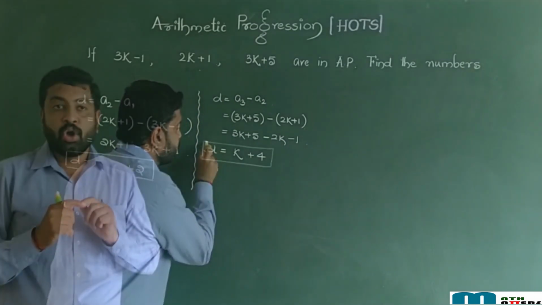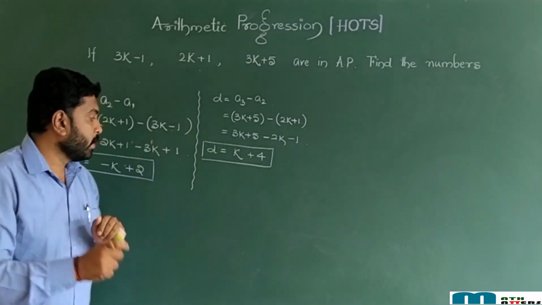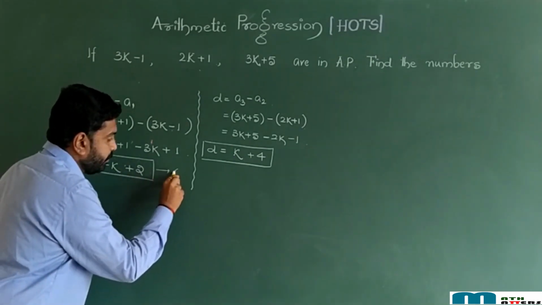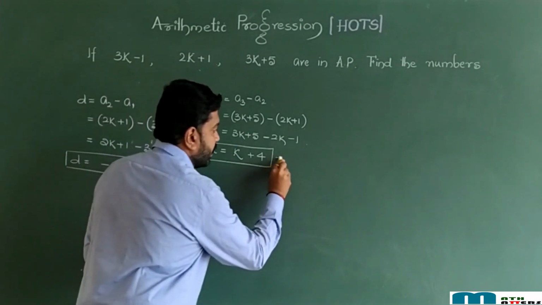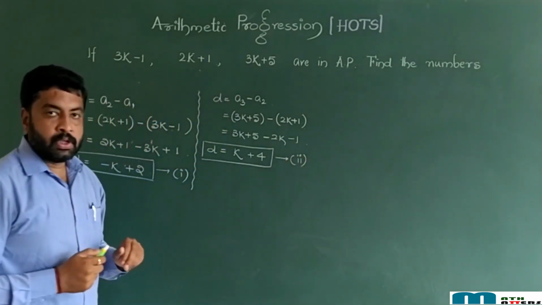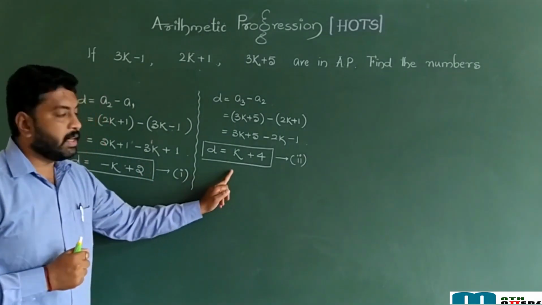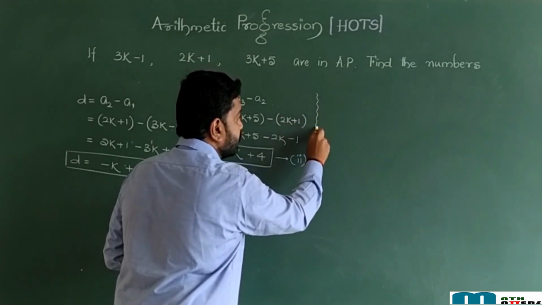So, the common difference in the arithmetic progression is always the same. I call it equation number 1. And I call this equation number 2. So, equation 1 and equation 2 are equal. Therefore, I can write like this.